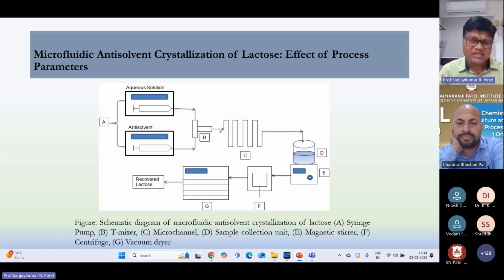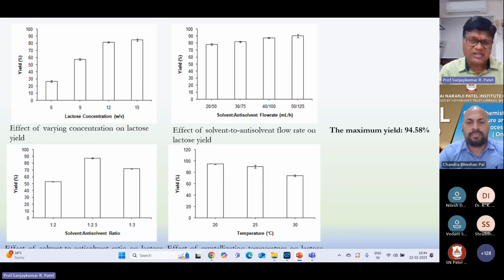Okay, and by altering this secondary zone, we are just altering the layers of particular fluids, and thereby we are increasing the diffusivity of the solute between these two. Okay, and in this way, we again received very good size crystals of lactose by this process also.